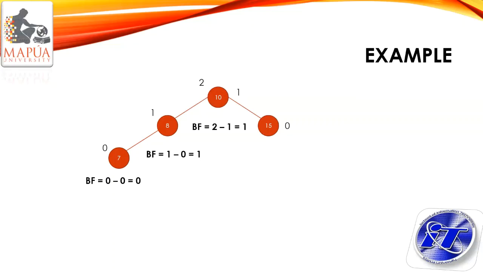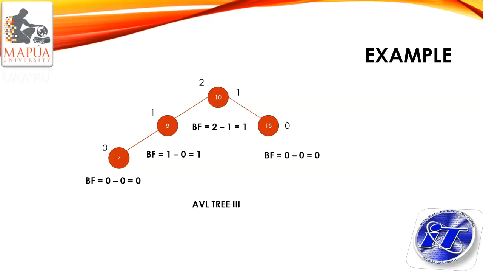For 10, we have 2 nodes connected to 10, 2 children on the left side. So 2 minus 1 is still equal to 1. While for node 15, 0 minus 0 is equal to 0. And let's expect the values of BF: 0, 1, 1, 0. So all are acceptable. Therefore, this is an AVL tree.